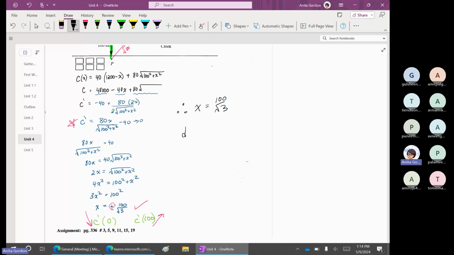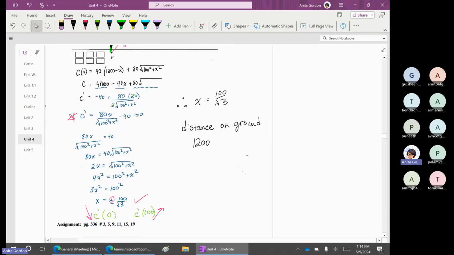So then the distance on ground is going to be 1200, right? It was 1200. Yep, 1200 minus 100 root 3. And you can just throw this in your calculator. I'm going to help you out today. It is 1,142.27 meters.